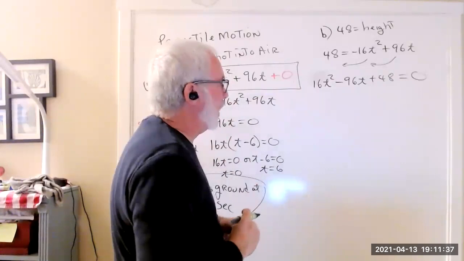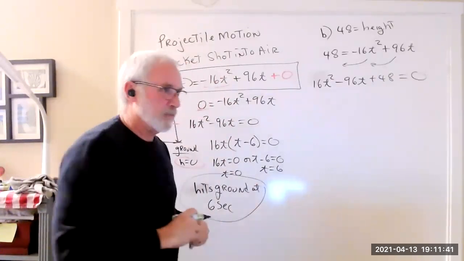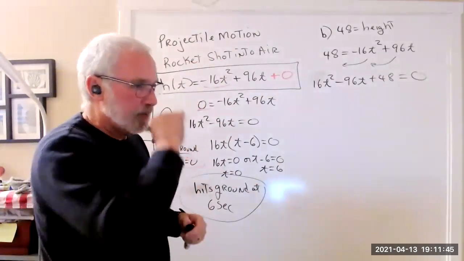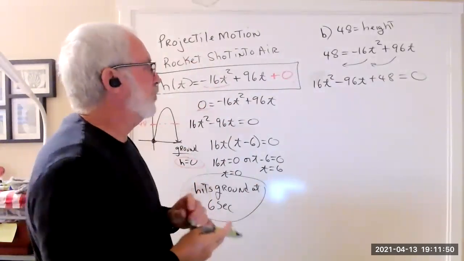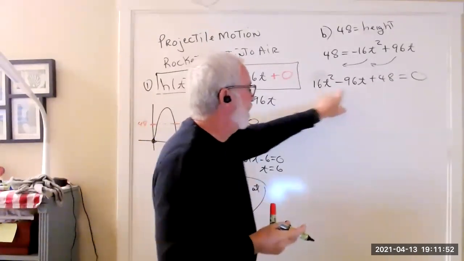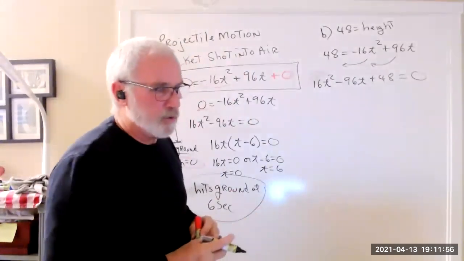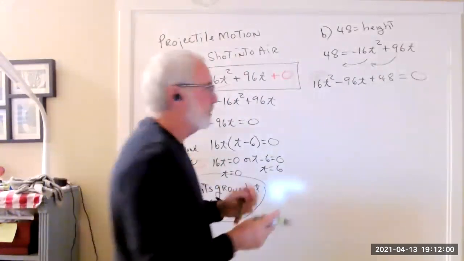Now, this is going to require us to use the quadratic formula. I can tell you that right up front. The issue is, do you want to use the quadratic formula with big, ugly numbers? Or do you want to use it with smaller, nicer numbers? Let me show you what I mean.